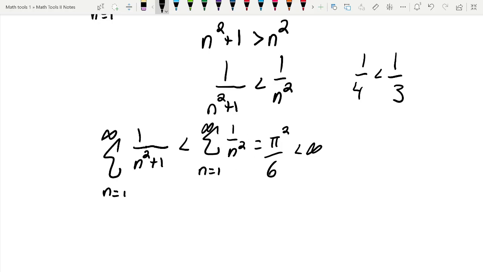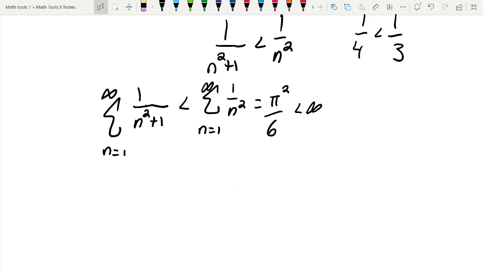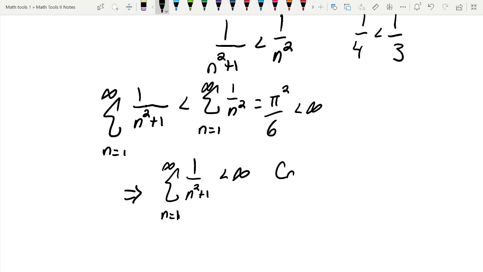Since this one is less than infinity, and this one is less than the 1 over n squared, then we know that the 1 over n squared plus 1 must also be less than infinity, meaning it converges. So this implies that the sum from n equals 1 to infinity of 1 over n squared plus 1 is also less than infinity, meaning that it does converge.